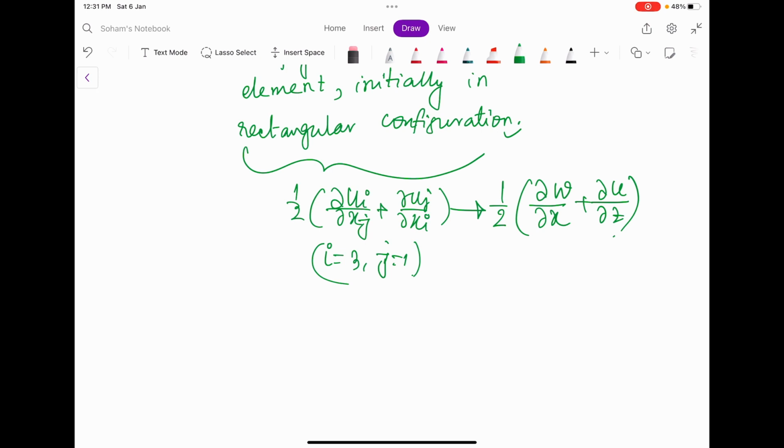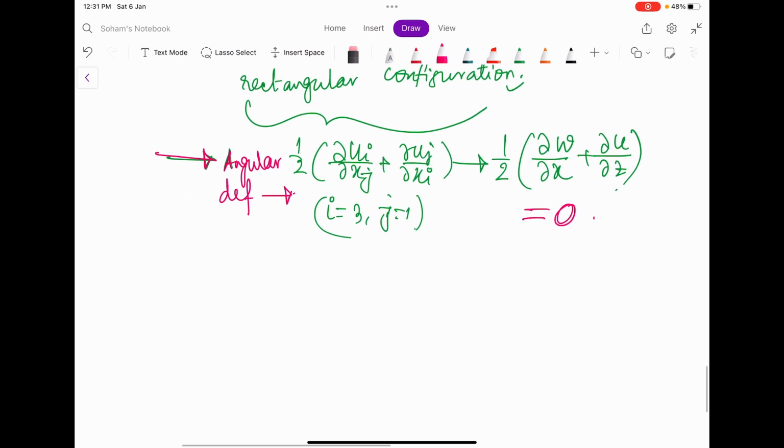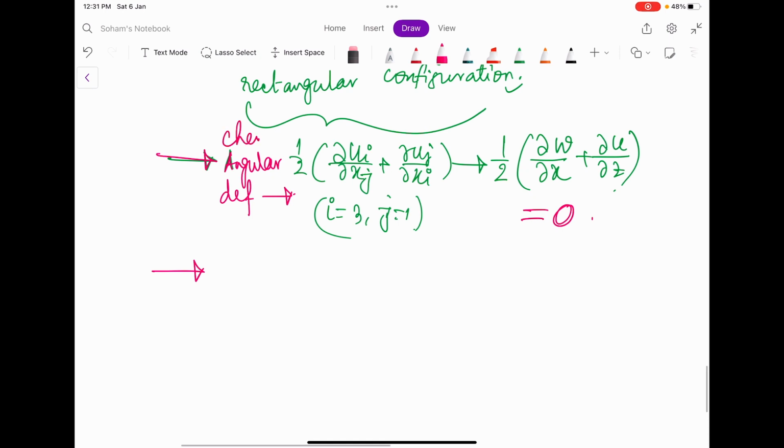So this will give the angular deformation, right? So if this is equal to 0, then no angular deformation is happening. Okay, so this is check for angular deformation.